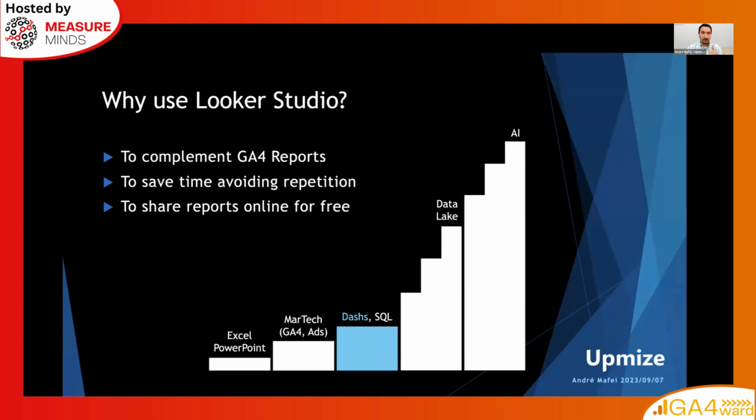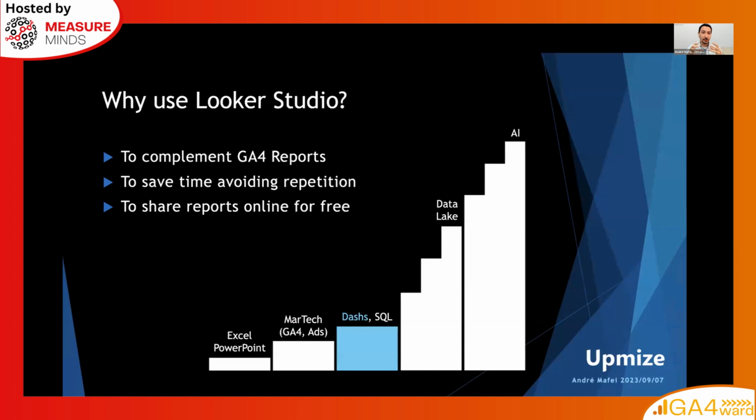For example, views, and people request views or not, they don't exist in GA4. And if you create custom reports, they're available for everybody on Looker Studio. You can create them and just share with a couple people, and they will just have access to that filter view or that filter report in Looker Studio.